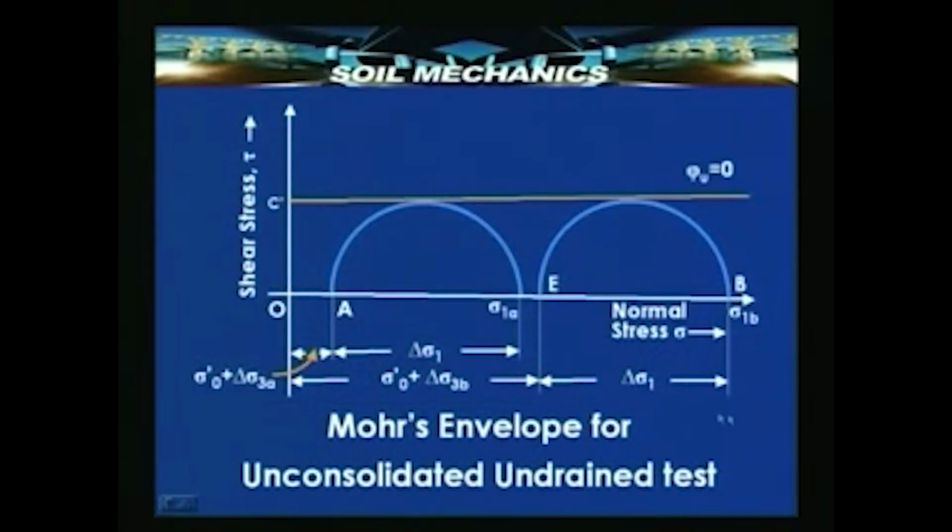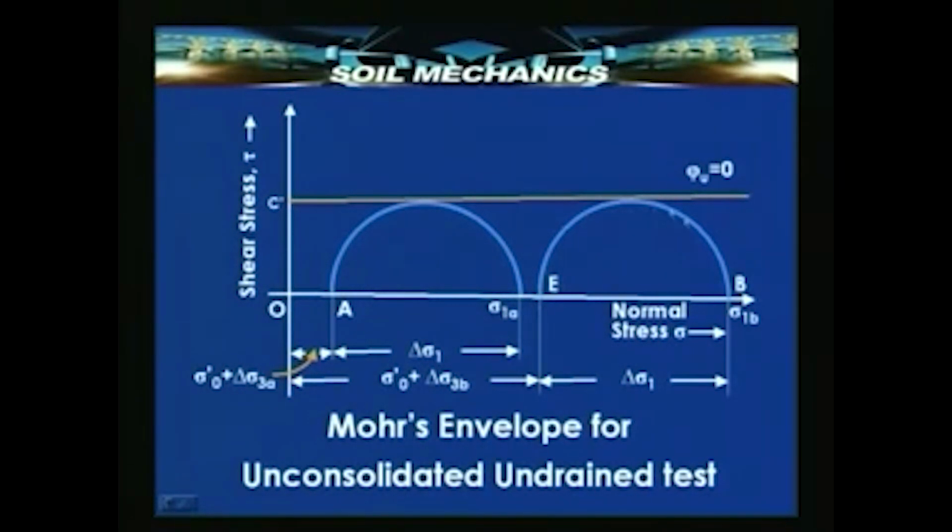If we were to plot a Mohr's diagram based on this, then the Mohr diagrams will be shifted from each other depending upon the sigma 0 dash value and delta sigma 3 that we use, but the diameter of this Mohr circle will remain all the time same, that is equal to the axial load delta sigma 1 that is applied.